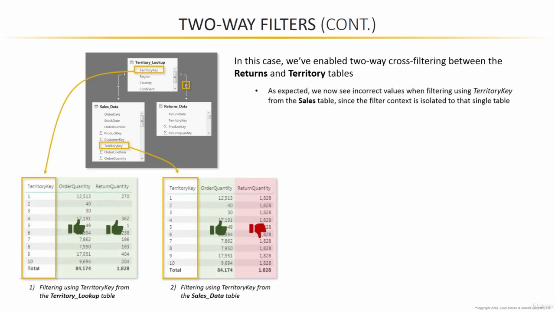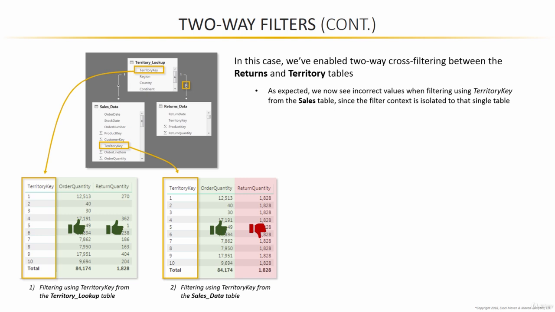What we see this time is that, as always, the territory lookup version of territory key returns the proper values. The territory key pulled from the sales data table returns incorrect return quantities because now that filter context is trapped within the sales data table.